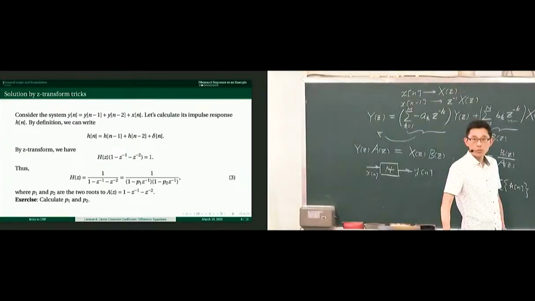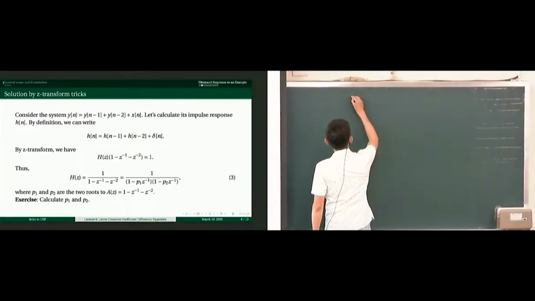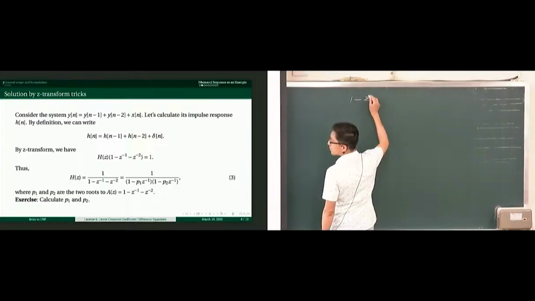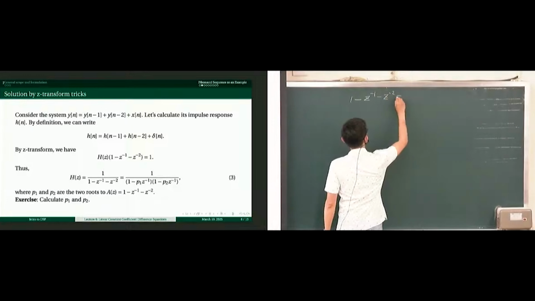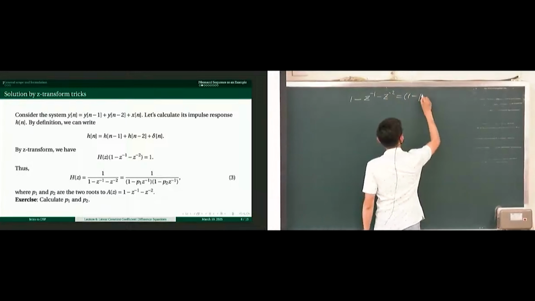So let's calculate P1, P2, shall we? So how do we calculate P1, P2? Basically we have 1 minus Z to the minus 1 minus Z to the minus 2 equals 0. This is my notation. Let me just copy it.